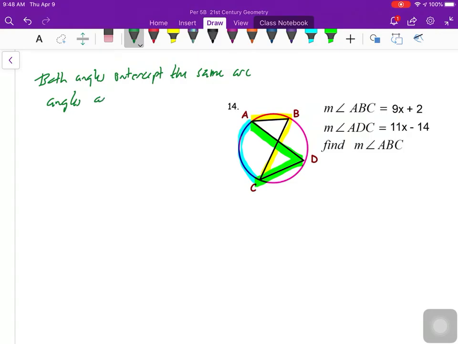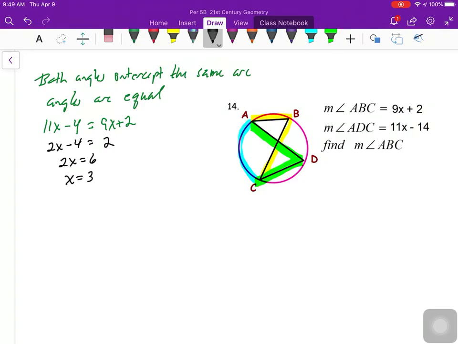Both angles intercept the same arc. So the angles are equal or congruent. So we'll set those expressions equal to each other. 11x minus 4 equals 9x plus 2.